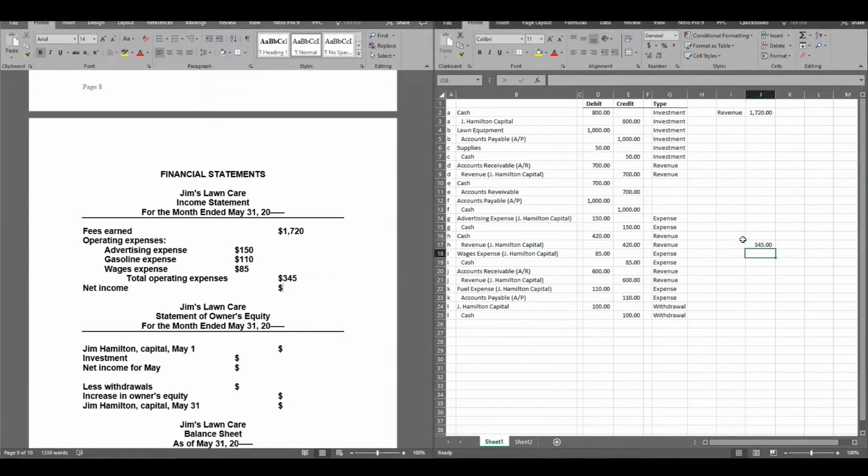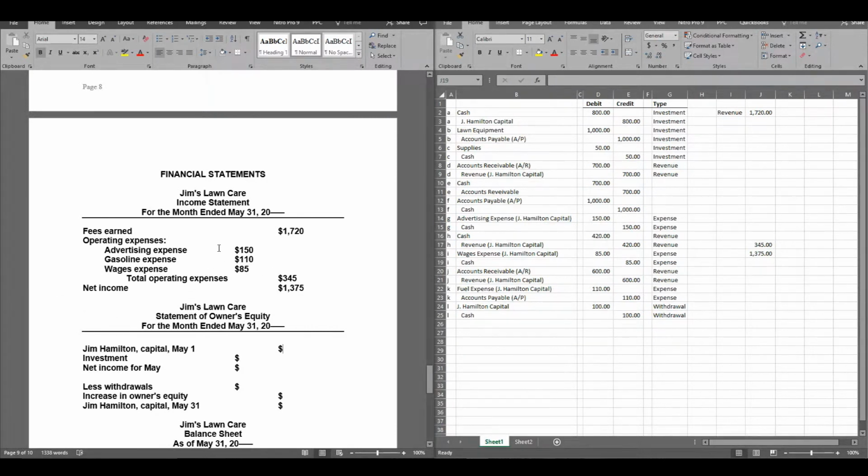So our net income equals revenue minus our expenses. Our net income is $1,375. Okay, so that is an income statement, a very basic income statement.